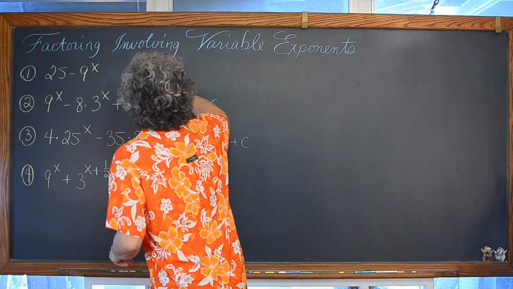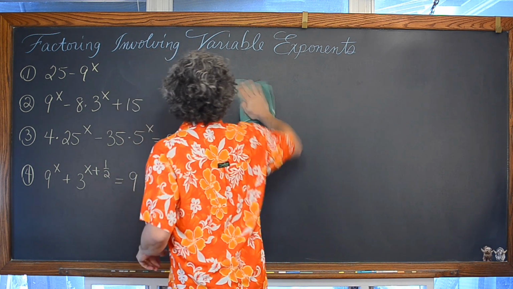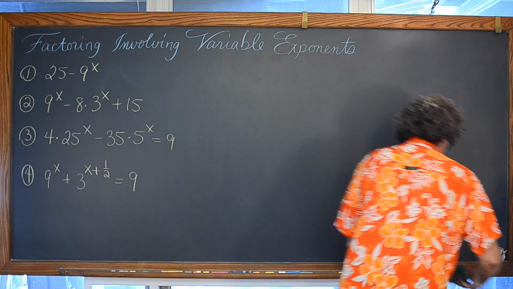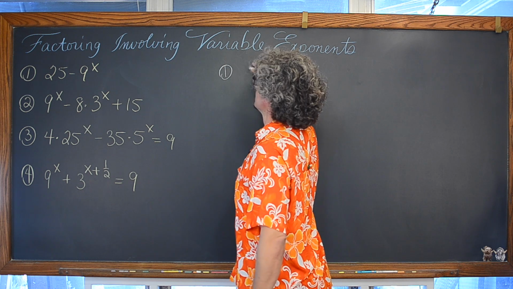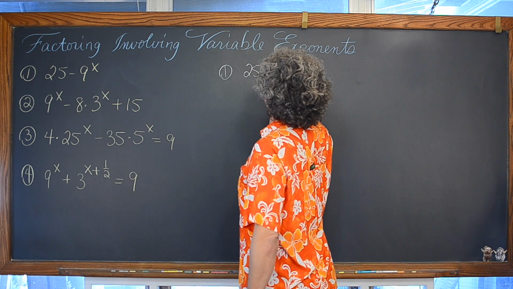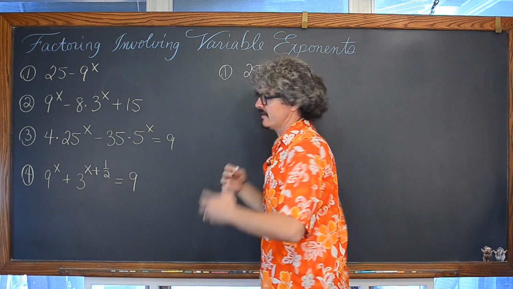Now, as we look at number 1, we have got 25 minus 9 to the x power.